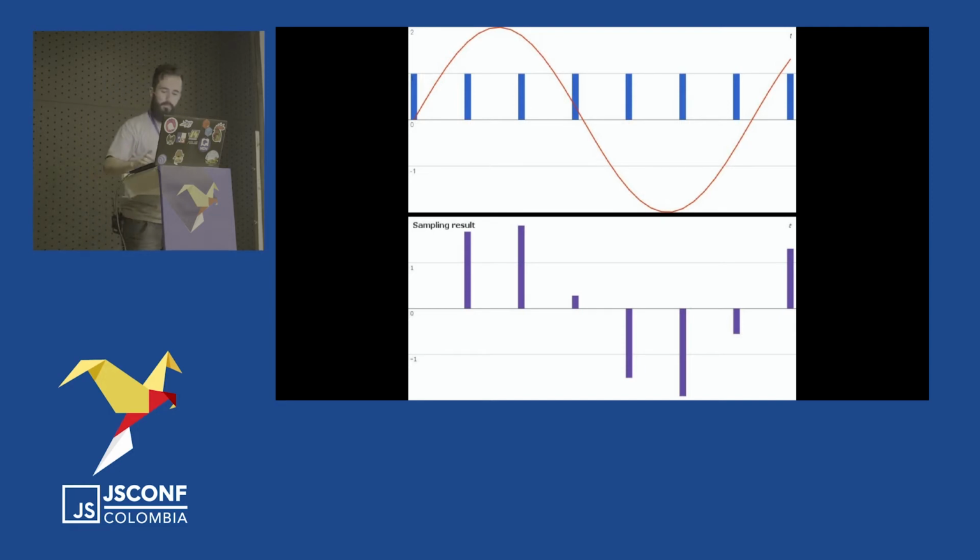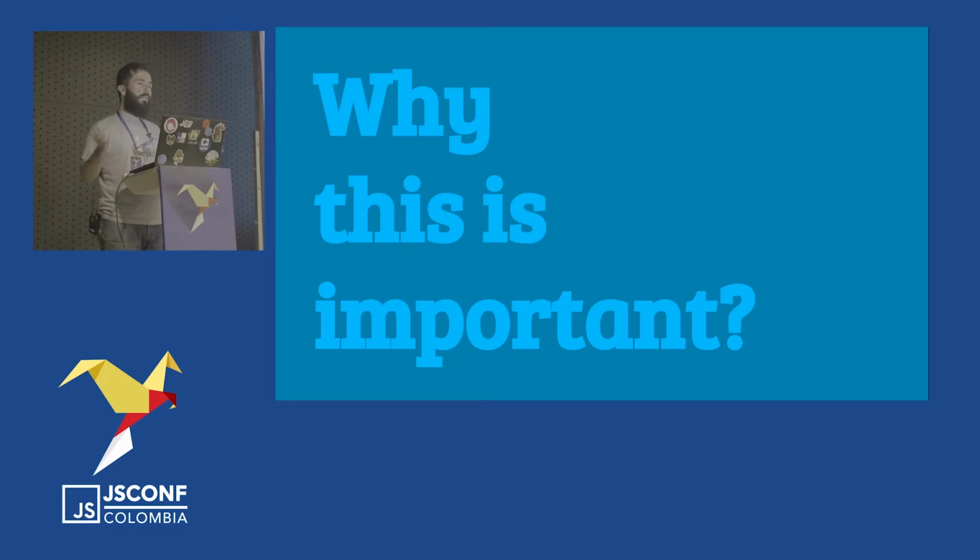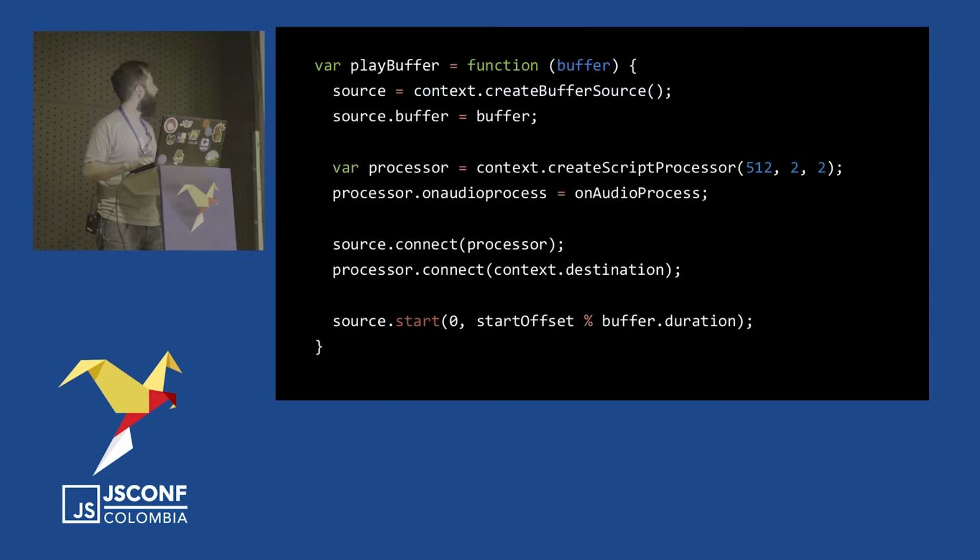But why is this important at all? When using the Web Audio API, you see some fantastic examples today, but you are basically taking a file and connecting it to the speakers, and you can add a script processor.